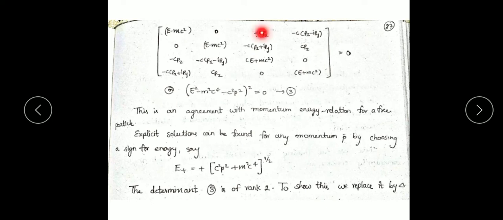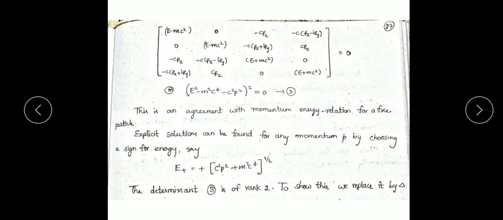Next, minus cpz, so plus minus cpz into, after eliminating this column and this row, this would remain. In a similar manner for this also, minus cpx minus ipy, so if we do, we would have this.